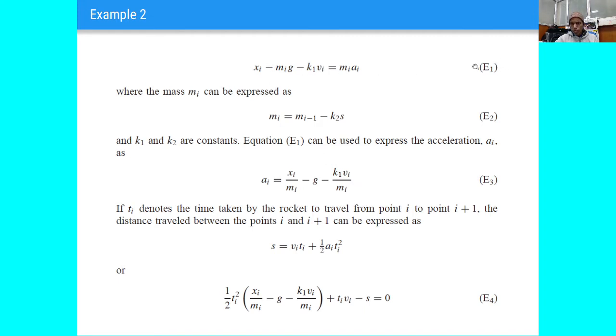So we have rewritten equation number 1 as equation number 3, and we have calculated ai equal to xi upon mi minus g minus k1 vi upon mi. Okay, I hope it is clear up to this. If there is any doubt, you may ask. Otherwise, I will move on. Those who have any doubt can ask so that I can move further. Okay, so let us move forward.